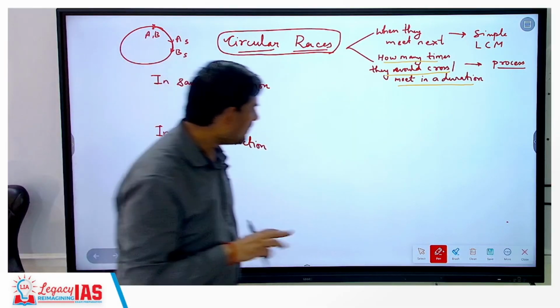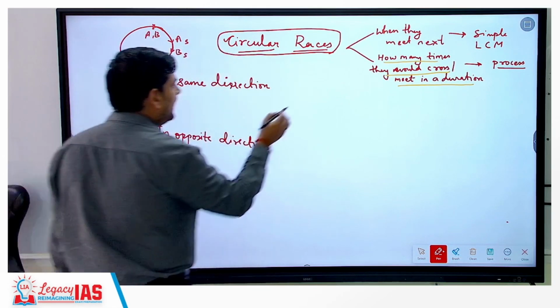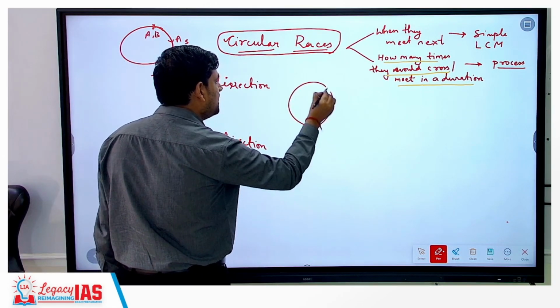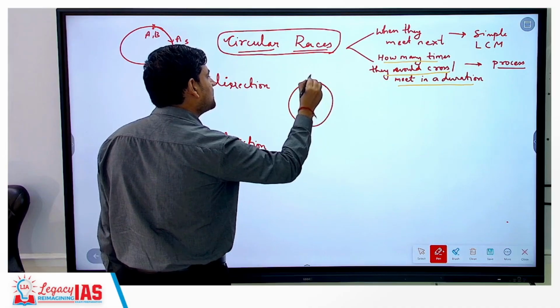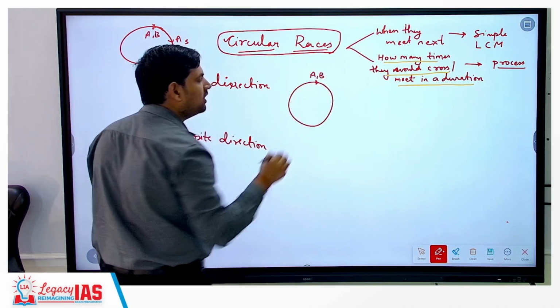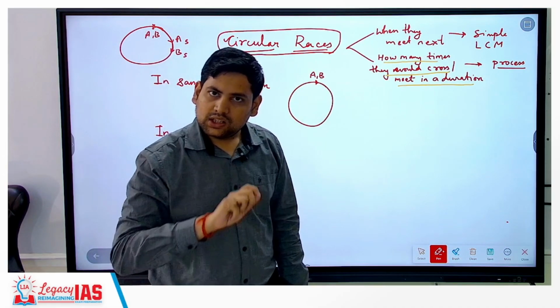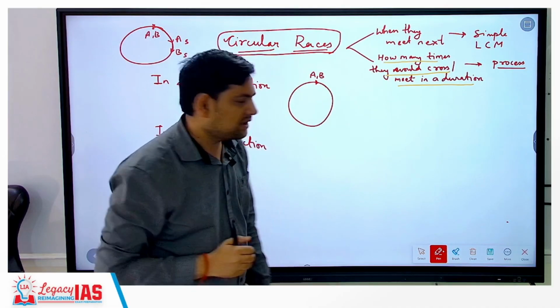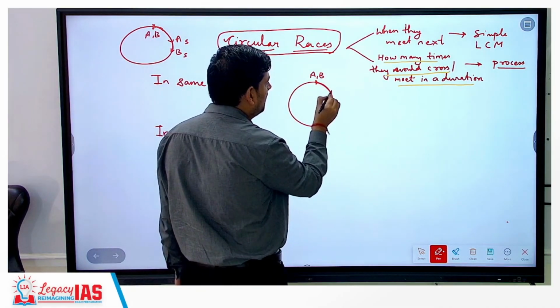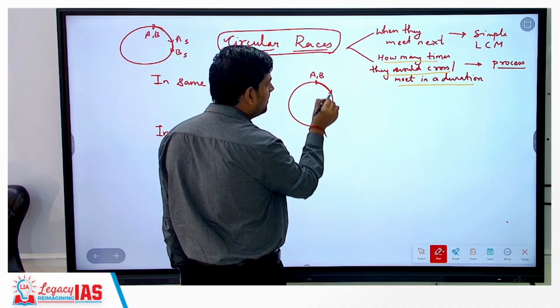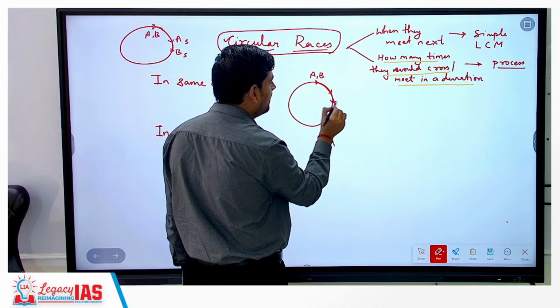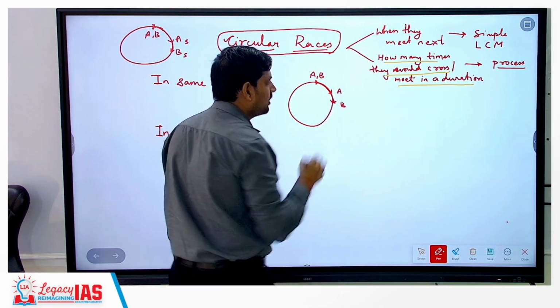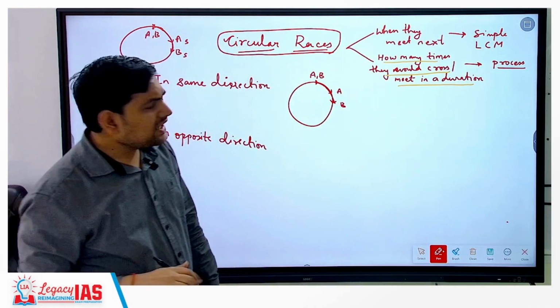Now understand one thing. A and B can be, let's say, they start from here, both of them are here. Now they can be moving in the same direction at different speeds. Let's say A is moving in this direction and B is also moving in the same direction. Now when can they meet next?